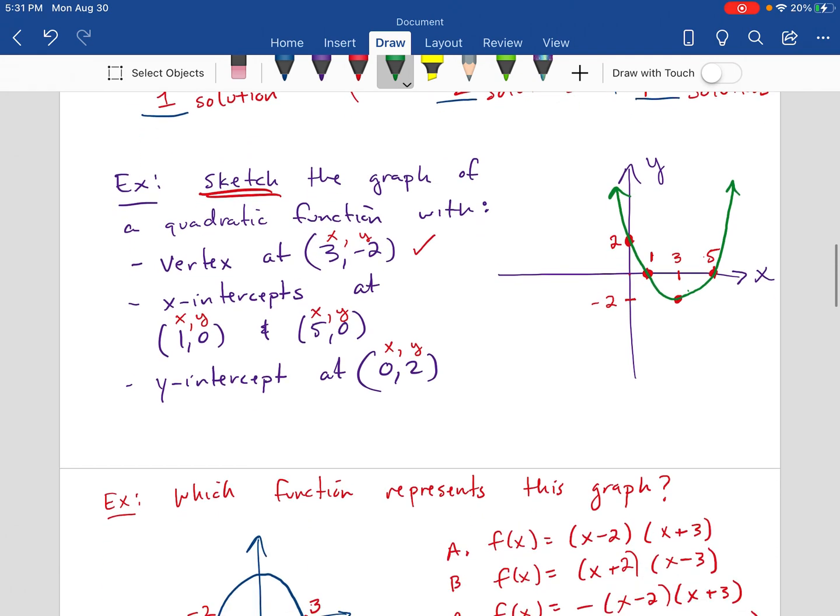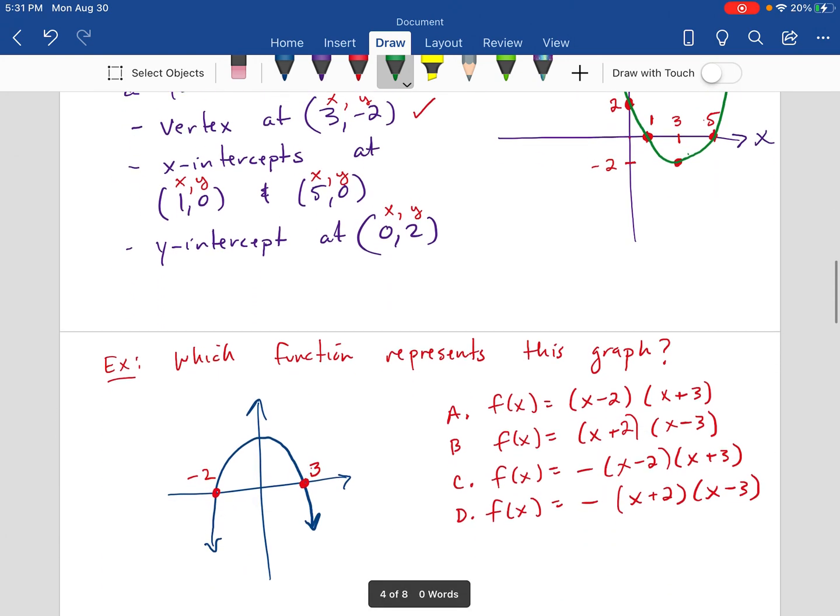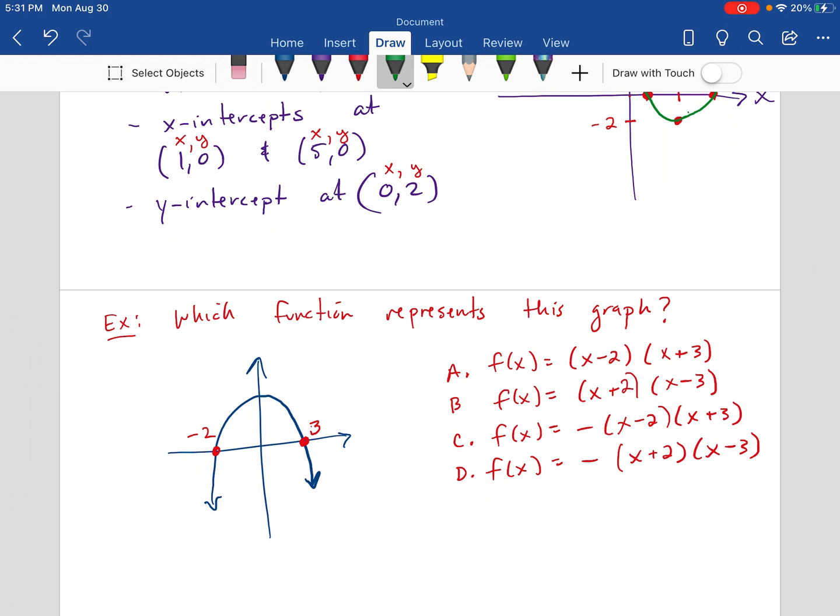All right, moving on. Now I'm going to give you a multiple choice example. You are going to match the graph now to the function, which is a little harder. All you have is this backwards parabola, an upside down U, and you know that it crosses at -2 and at 3 on your x-axis.